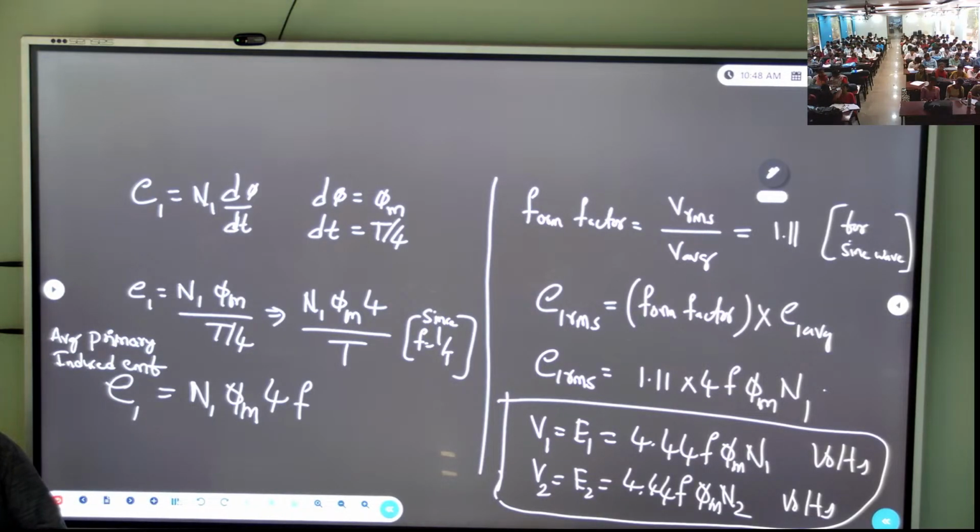So this is about the derivation of the EMF equation of the transformer.